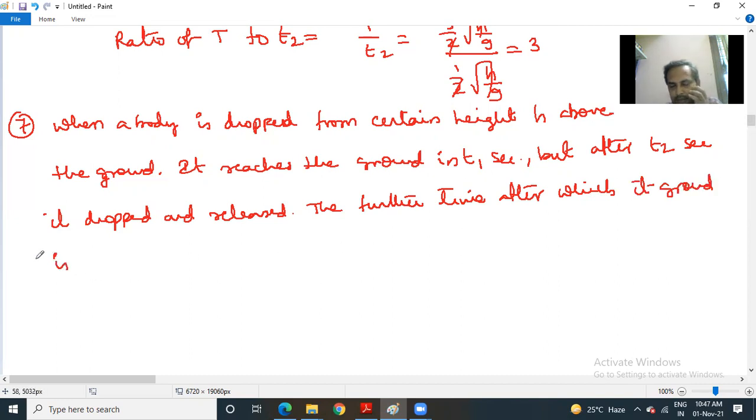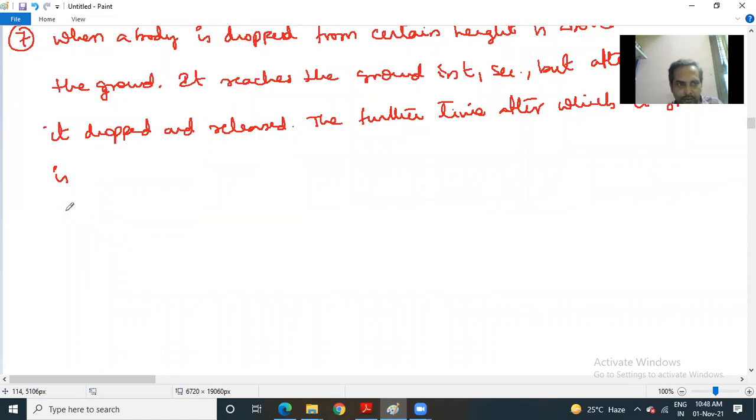So how to understand this? Suppose it is raining and you are on the 3rd or 4th floor, you are keeping your hand outside, stopping the raindrops and releasing them. This is the way you have to understand. Try to understand making use of a diagram. This is the total height, covered in t1 seconds, but after traveling a time interval of t2 seconds, it is stopped.